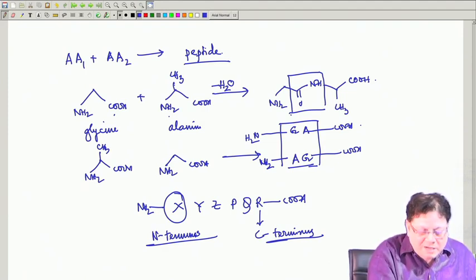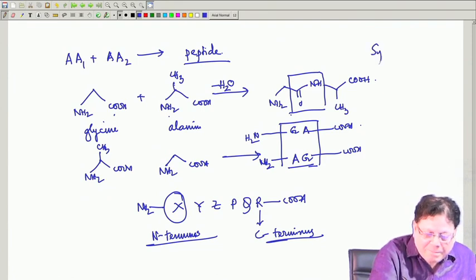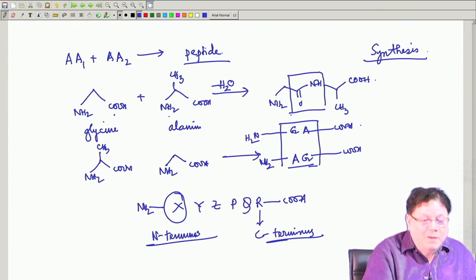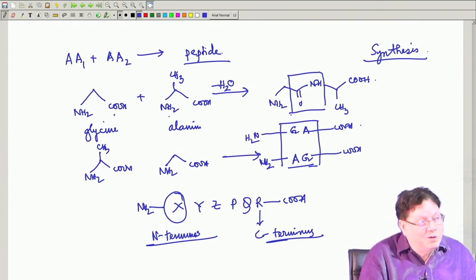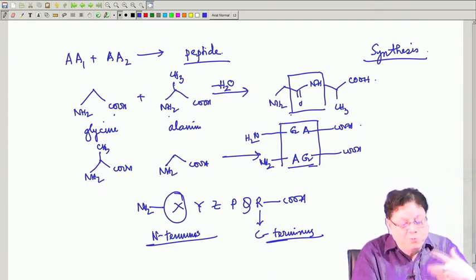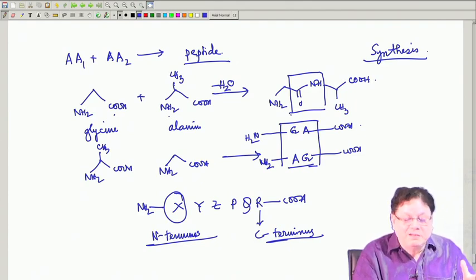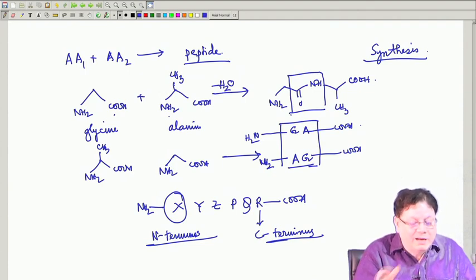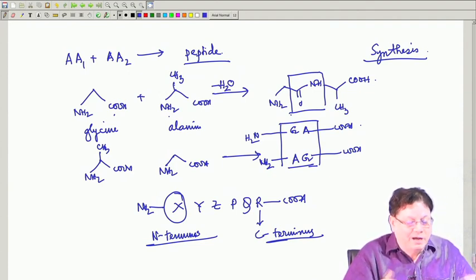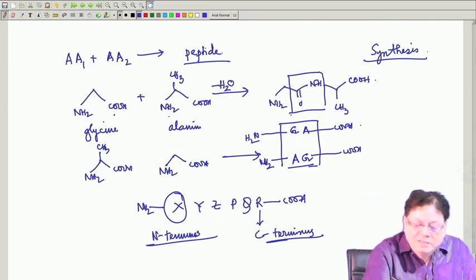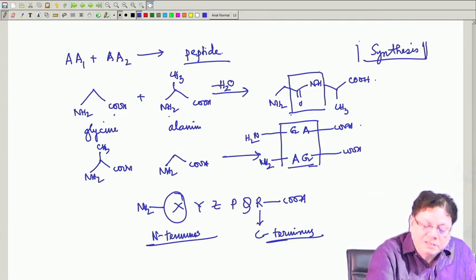So, one is the synthesis, but we are talking about chemical synthesis, we are not talking about biosynthesis, because if you think of biosynthesis, that means how proteins are made in the body, at that time activation comes from somewhere else, because in the body you cannot provide high energy, high temperature, high thermal conditions, that is not possible. Okay. So, synthesis is one, which is chemical synthesis.